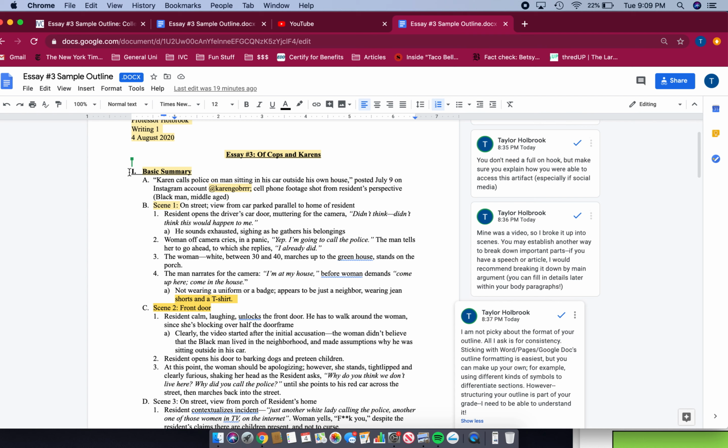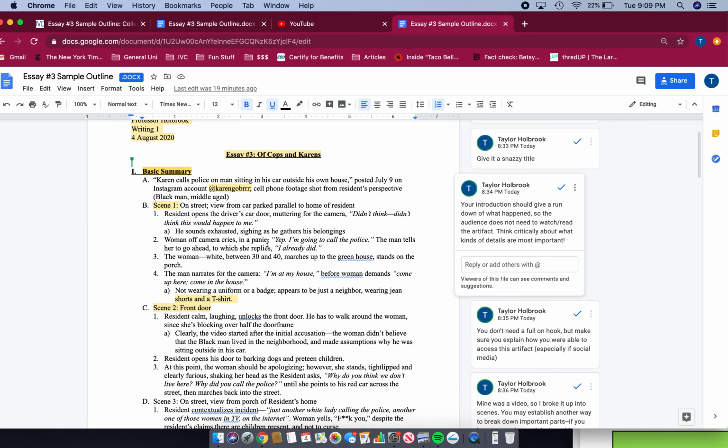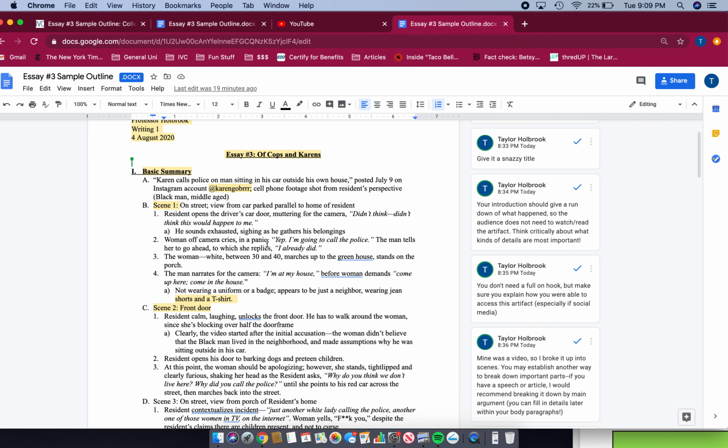Once I put in this little I, the Roman numeral I, it kind of did its own thing. If you're not into this, you can absolutely come up with a different way, but there needs to be distinction between your ideas. There should be different kinds of indentations, not just basic summary and then 40 bullet points. That's not helpful. Our brain can't understand that very well. So remember, it's a rhetorical document. You want your reader to understand it.